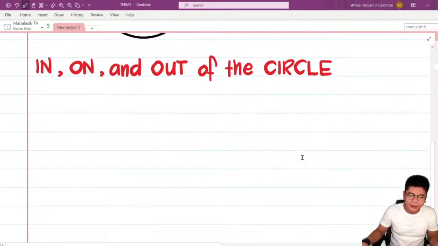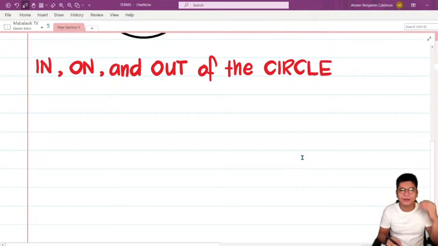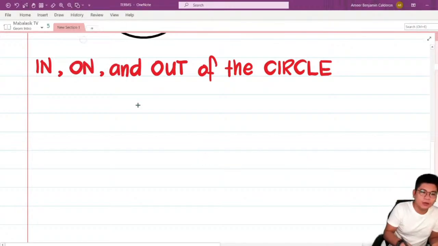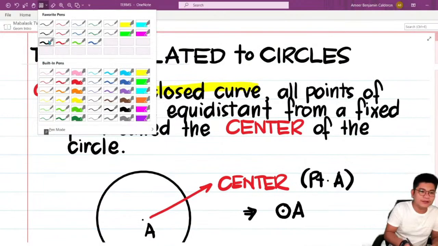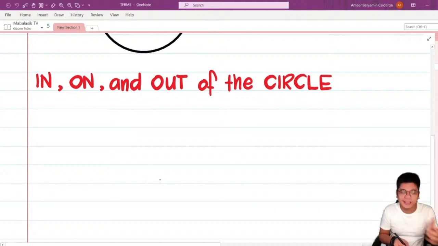Now, meron tayo concept ng in, on, and out of the circle. Ito hindi to formal concept in geometry. But I want to touch on this because we are going to use this sa succeeding definitions natin. So let's draw a circle.